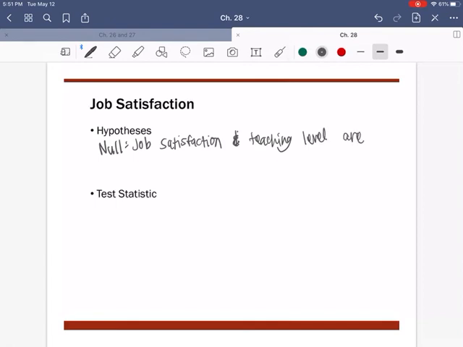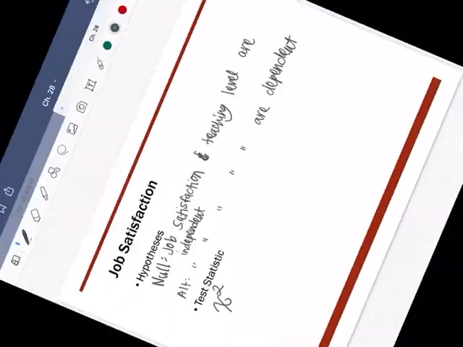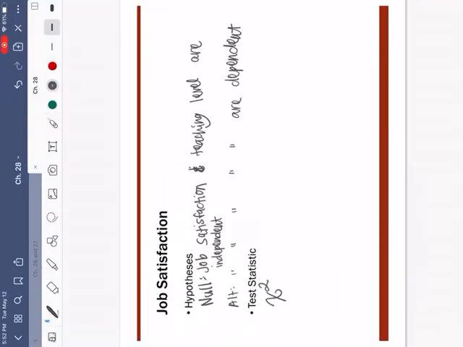So, the alternative is the opposite of that. Job satisfaction and teaching level are dependent. High school teachers are happier than elementary teachers, or vice versa, with their jobs.